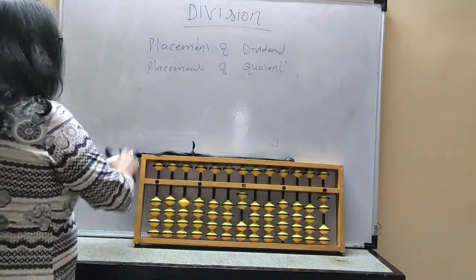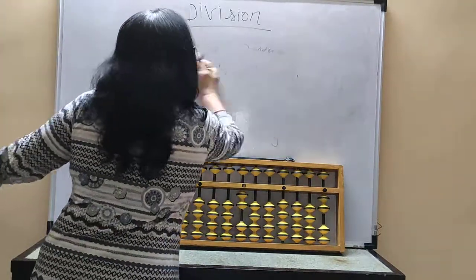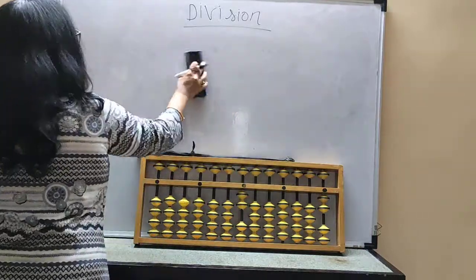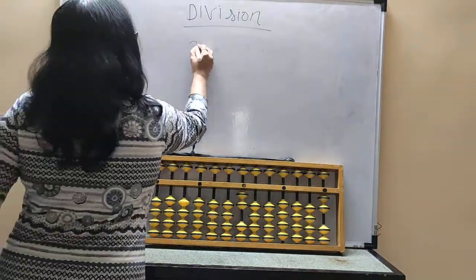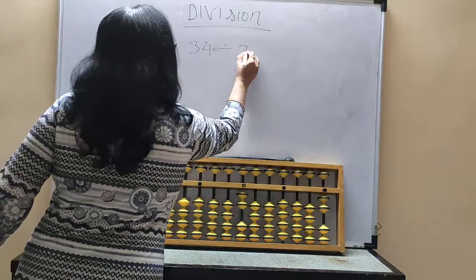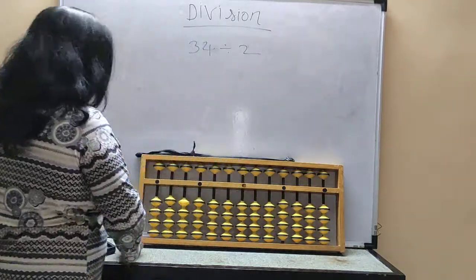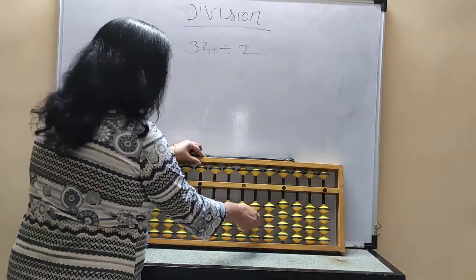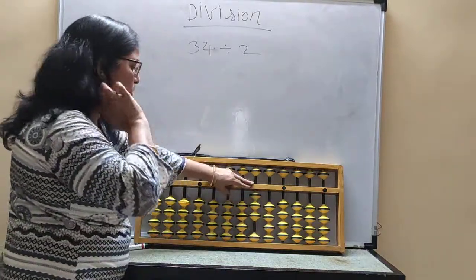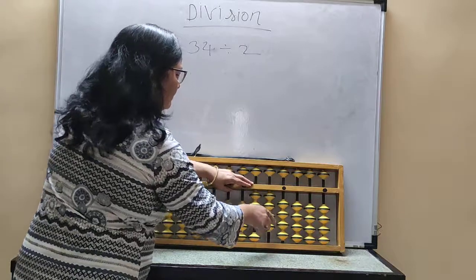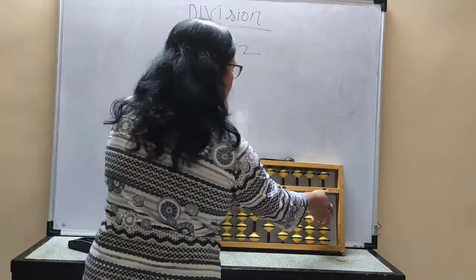Now we will take various sums. Then you can do any type of division sums. I will take 34 divided by 2. Now see, 34, I am taking from the 0 rod. 34 divided by 2.